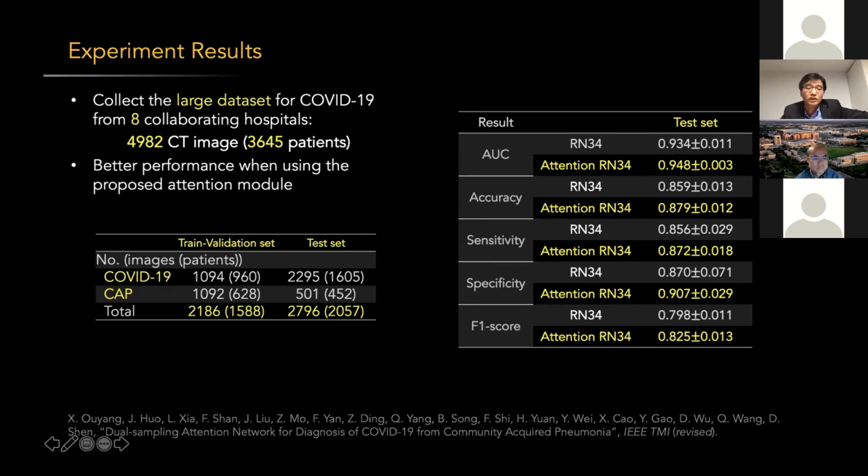For these about 3,000 test images, we get the results shown here with various metrics, and we can pay attention to the accuracy. If we use the attention guided ResNet34, we can improve 2%, from 85.9 to 87.9.